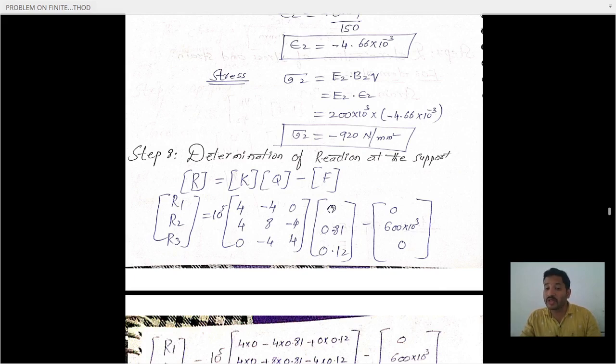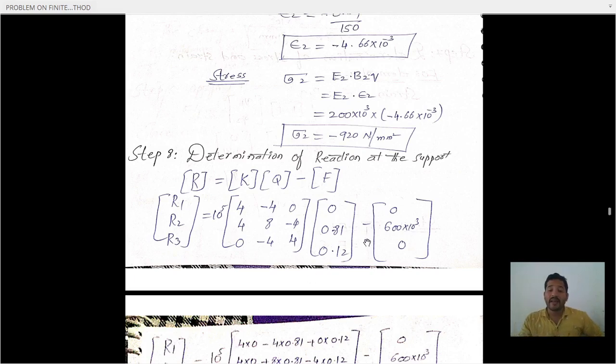Q1 is fixed, so it is considered 0. Q2 we already found as 0.81. Q3 is the gap from the third node to the fixed end, which is given as 0.12, so I consider Q3 as 0.12.